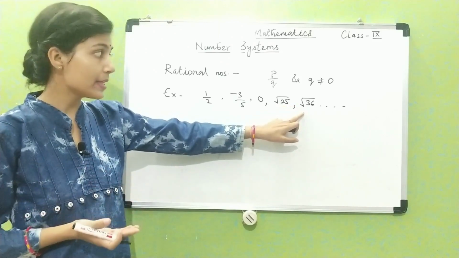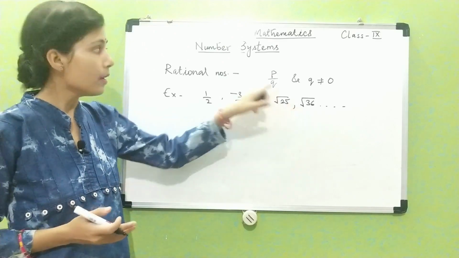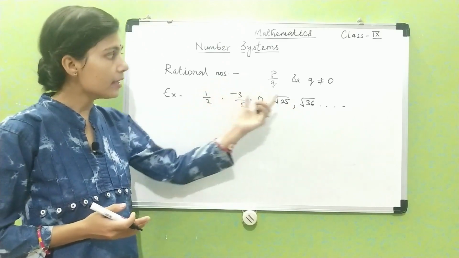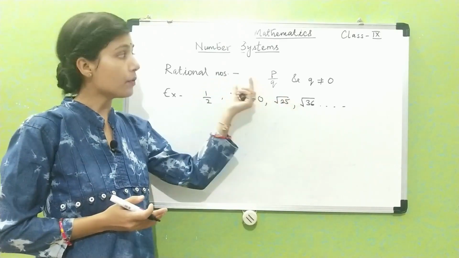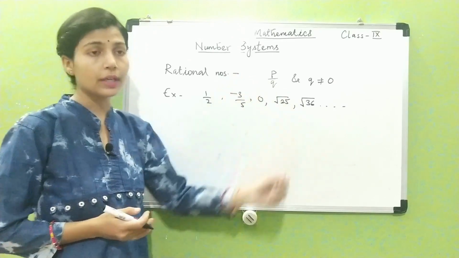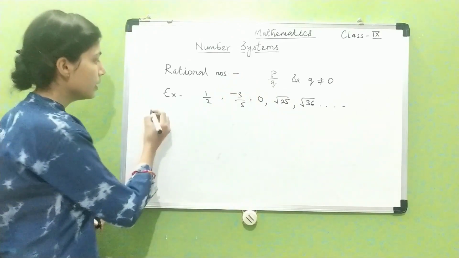They can surely be expressed in the form of rational numbers. So we are taking this type of example of rational numbers also. Next, irrational numbers.